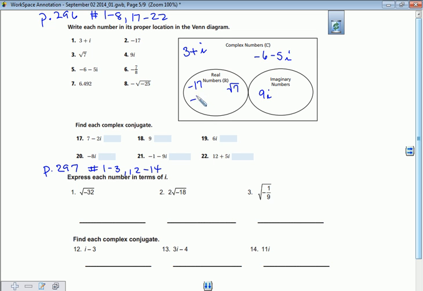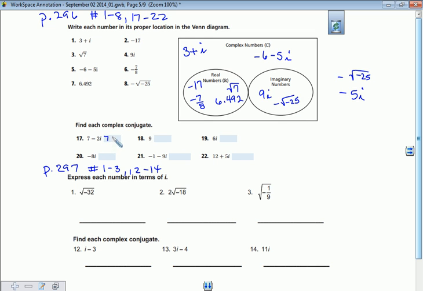Negative 7/8 is rational, and it would fall under the real numbers. 6.492 is also rational, and it would fall under real numbers. Negative square root of negative 25. The opposite of the square root of negative 25 is negative 5i. So it's going to fall under imaginary. Does that make sense? Okay.